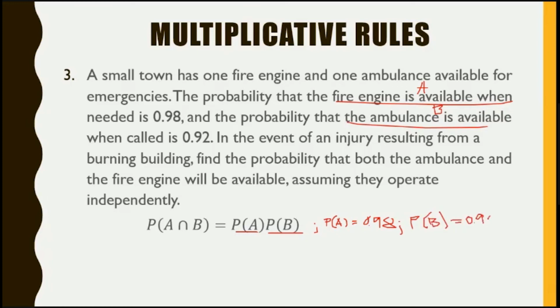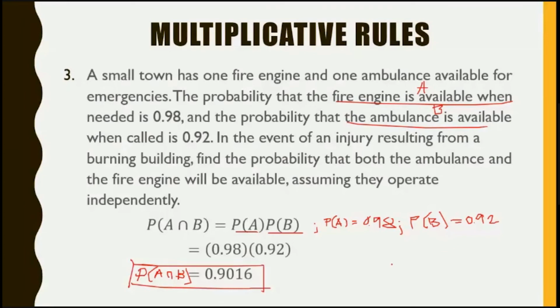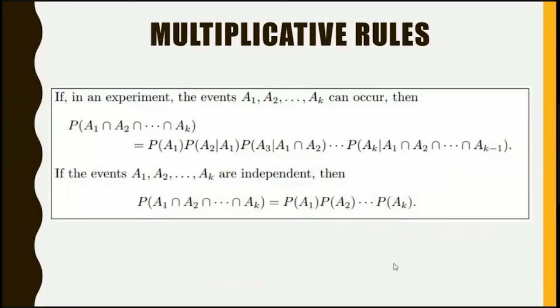So to get the probability that both fire engine and ambulance are available, we'll just multiply these two and we'll get 0.9016. So the probability that both are available is 0.9016.